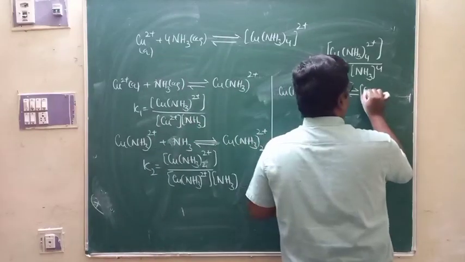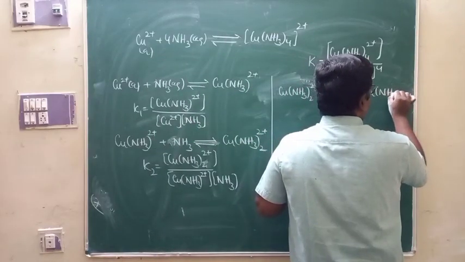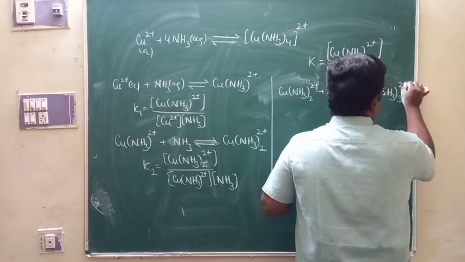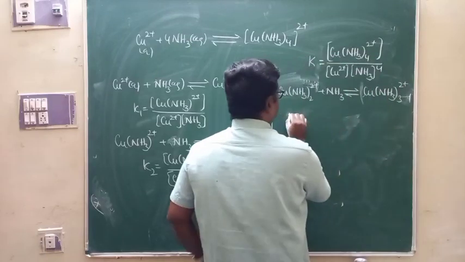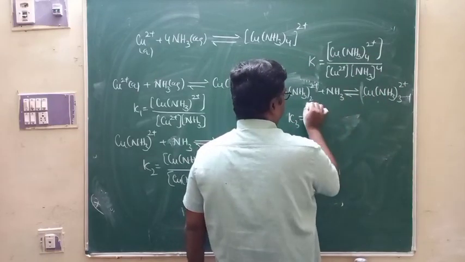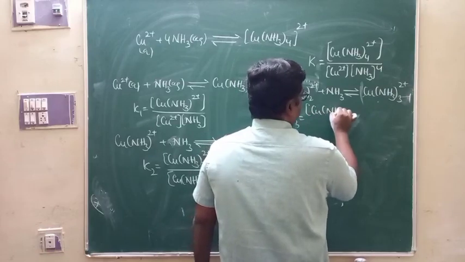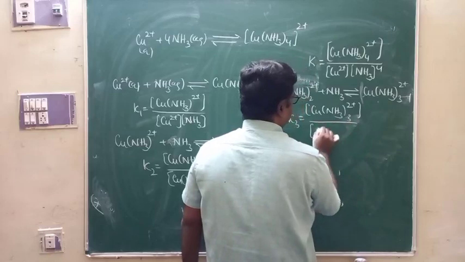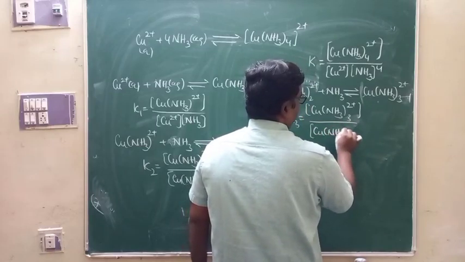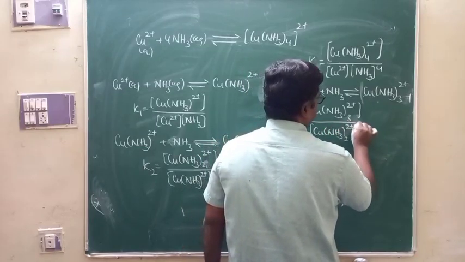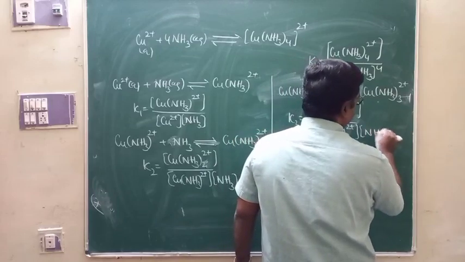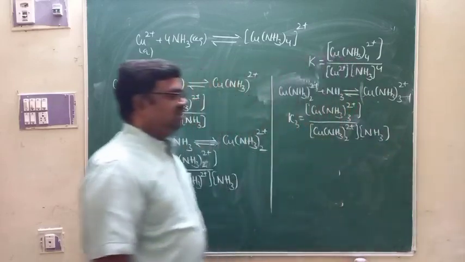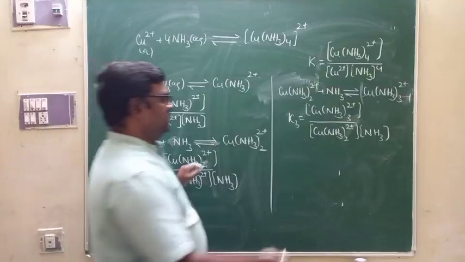That leads to Cu(NH3)3 2+. And as far as K3 is concerned, it is product divided by reactants: Cu(NH3)3 2+ divided by Cu(NH3)2 2+ into ammonia. This is the third stepwise association constant.